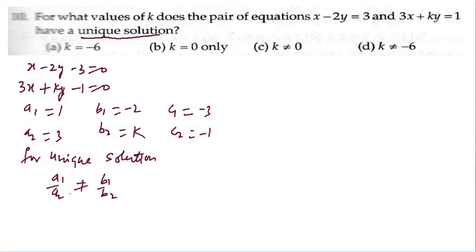So you can put a1 is 1 and a2 is 3 does not equal b1 is minus 2 and b2 is k. So do the cross multiplication. So k does not equal minus 6. So you can see option D will be your correct option.